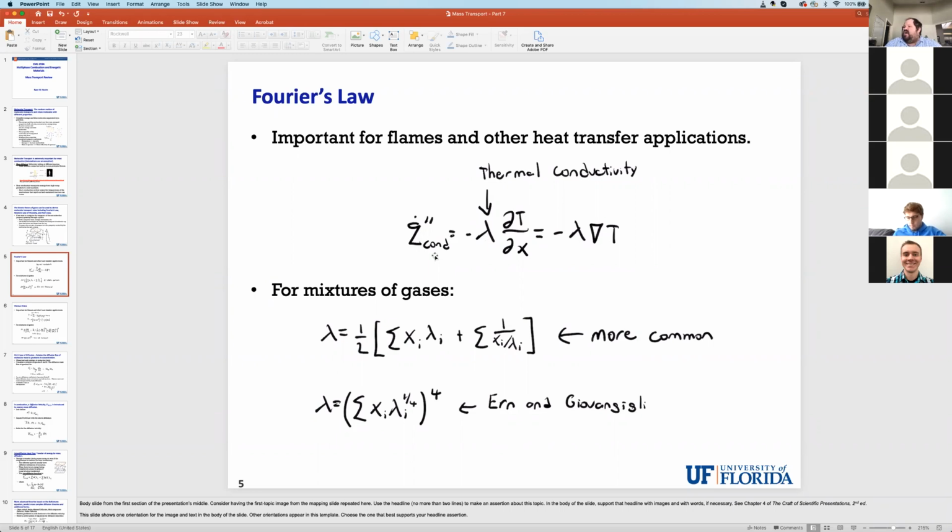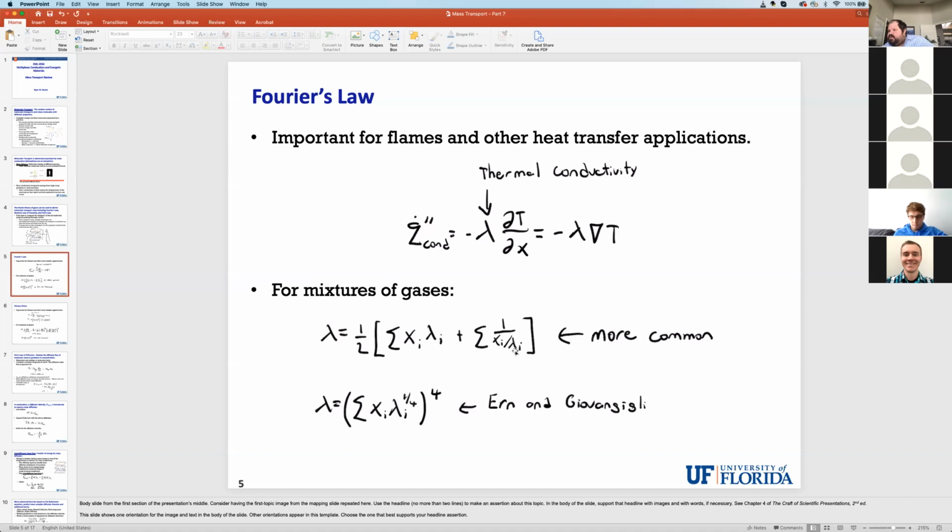If you have a mixture of different gases, the most common one used in combustion is this one right here, where the mixture thermal conductivity is one half of the sum of the mole fraction weighted thermal conductivities, plus 1 over the sum of x_i over lambda_i. Don't ask me how they came up with that one.